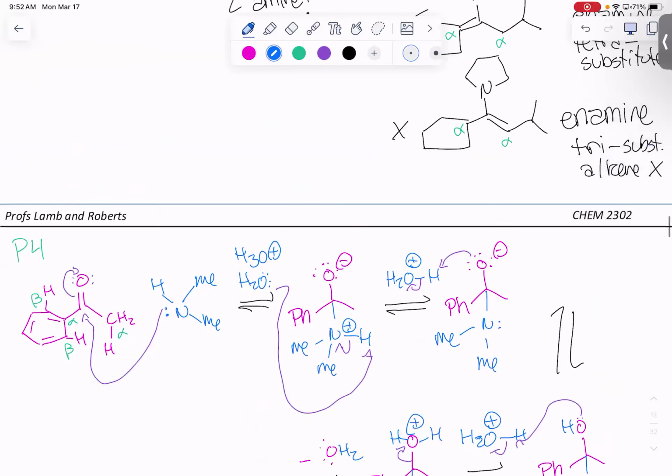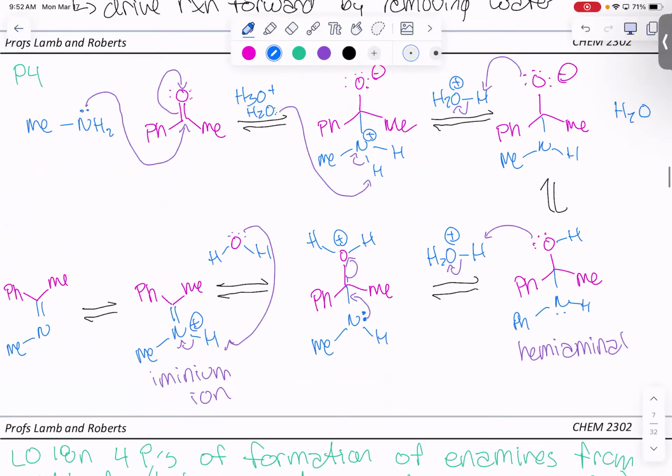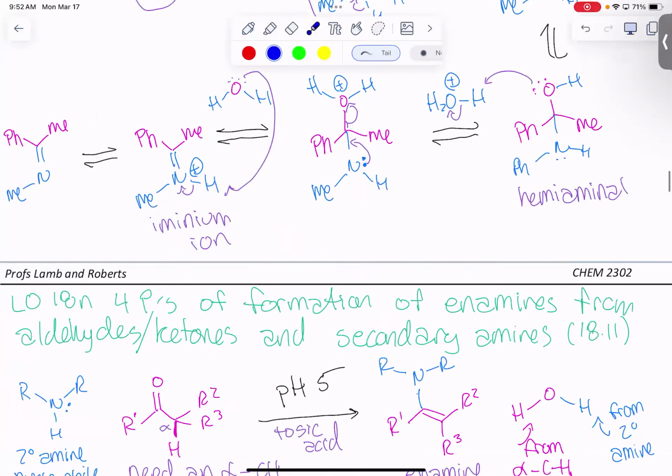When we look back up at our mechanism that we drew for imine formation, we're here, this iminium ion. Now the difference is in our imine forming case, this is an NH bond, so we can have water deprotonate it and get us to our neutral species.